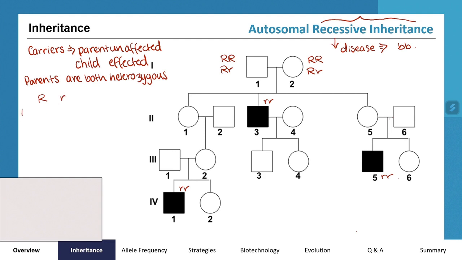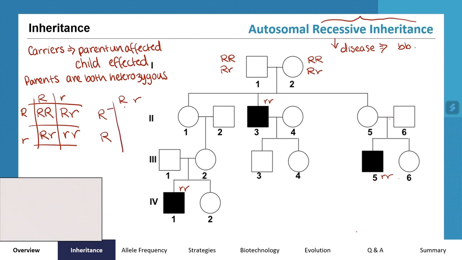If the parents are both heterozygous, and I do a cross with them, the first offspring phenotype is double R. Then I have two offspring who could be heterozygous, but still dominant, and then a 25% chance that the recessive allele gets through. However, if I have a double R situation, and I cross it with, say, heterozygous, because one of them has both copies of the dominant gene, every single one of the offspring will inherit the dominant gene. So none of them will be affected.